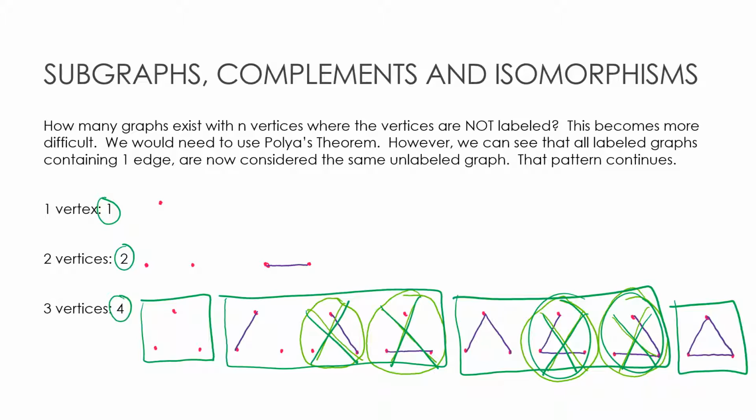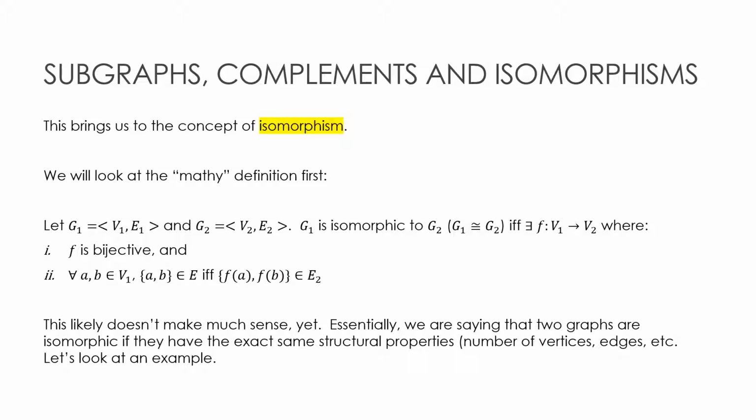So my question is, how are we going to now generalize this? This brings us to the concept of an isomorphism. We're not going to spend a ton of time on the mathy definition of an isomorphism. You may have already studied this in abstract algebra, or you may not have yet. I want to focus on the more practical definition.